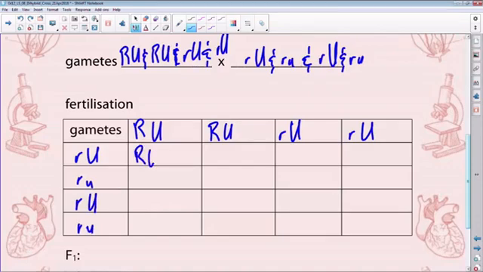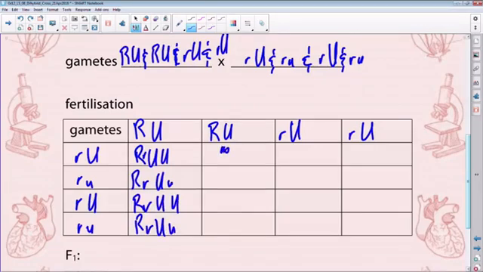So let's have a look what we have here. Capital R, small r, big U, big U. Big R, small r, big U, small u. Big R, small r, big U, big U. Big R, small r, big U, small u. Okay, so that's that one, and this one is going to be identical to that one.